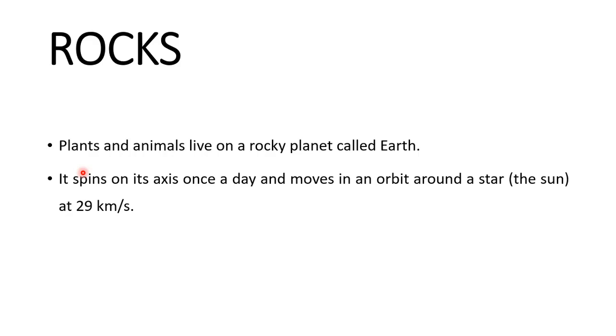The Earth spins on its axis once a day and moves in an orbit around a star. As the Earth is moving, it covers a speed of 29 kilometers per second, and it is moving very fast. 29 kilometers per second.